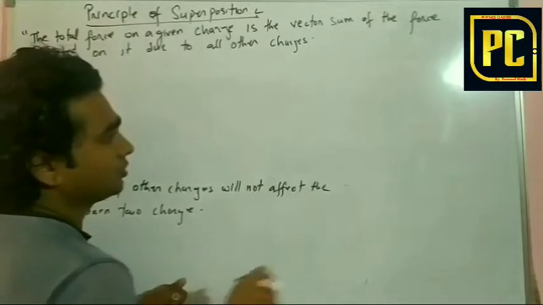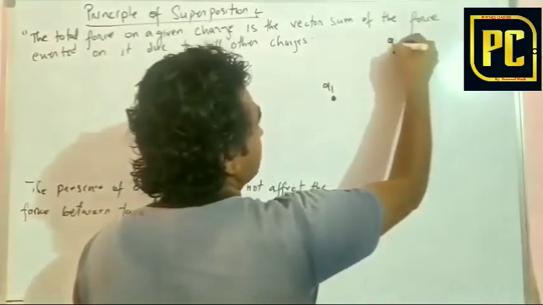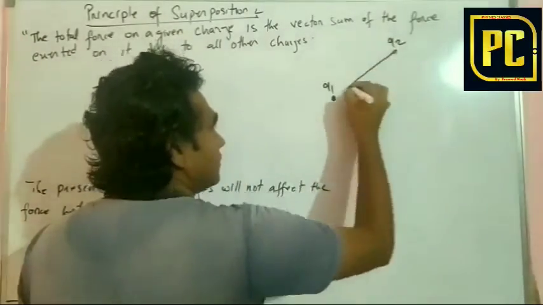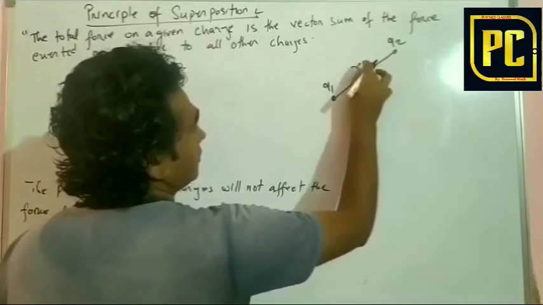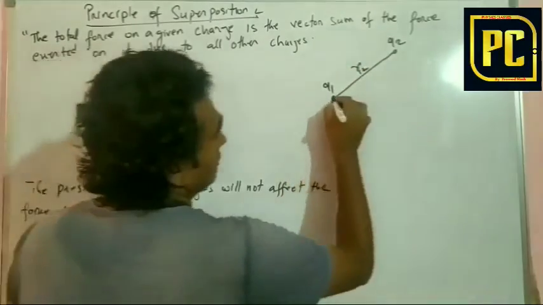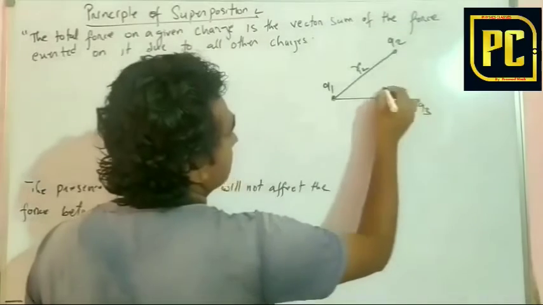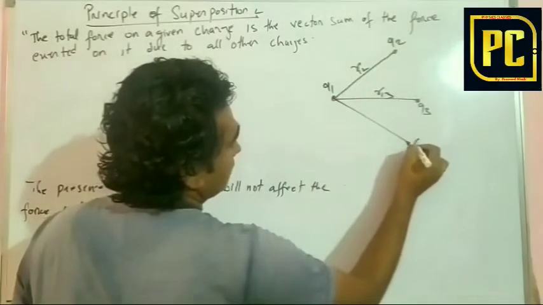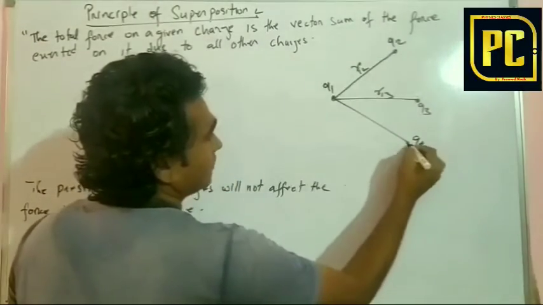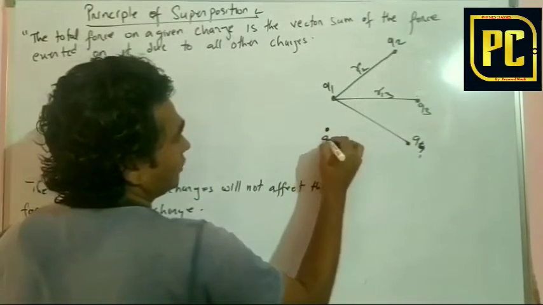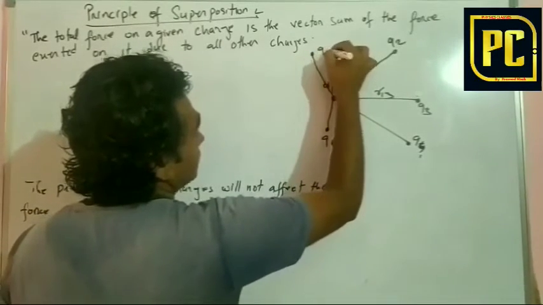So if I have one charge Q1 and this is my charge Q2, this is R12 or R21, and this is charge Q3 at R13, Q4 at R14, and Q5, Q6.